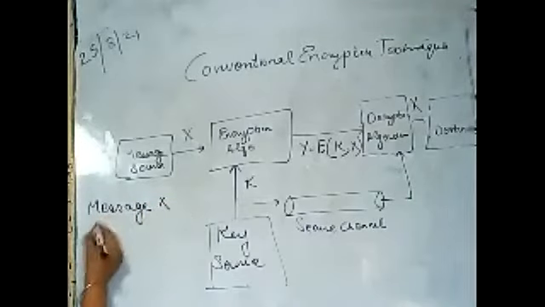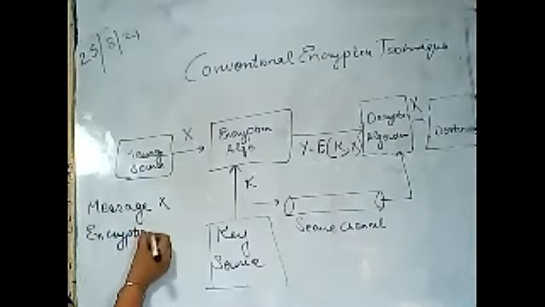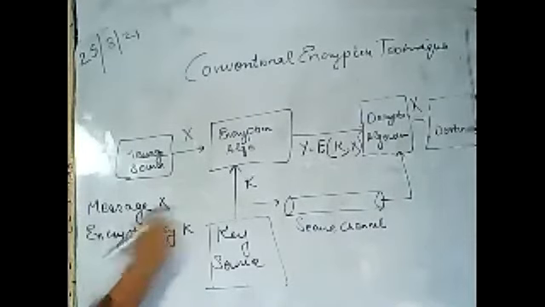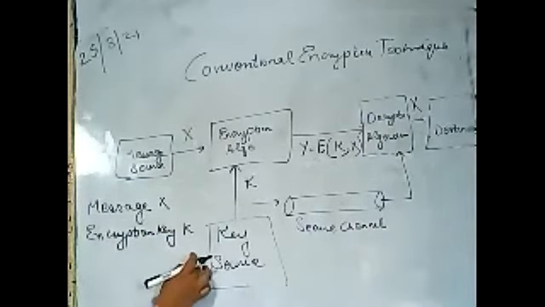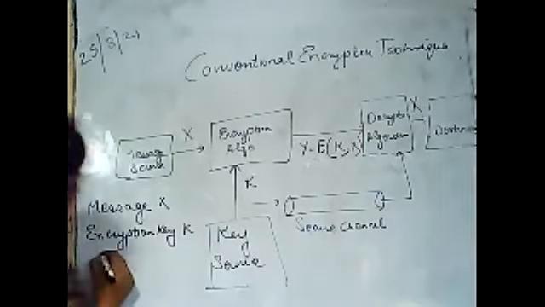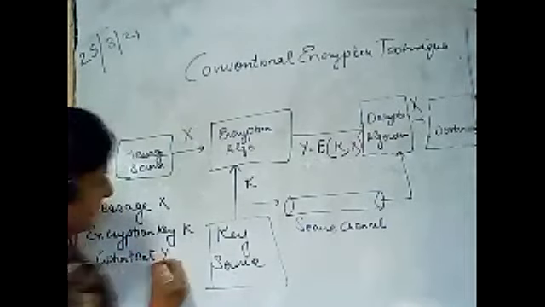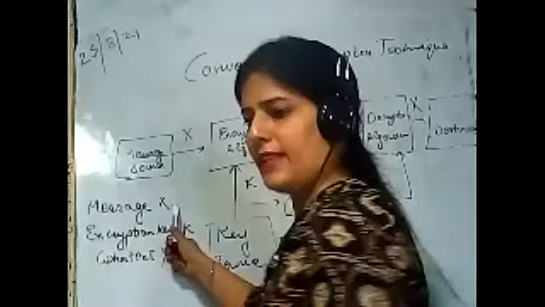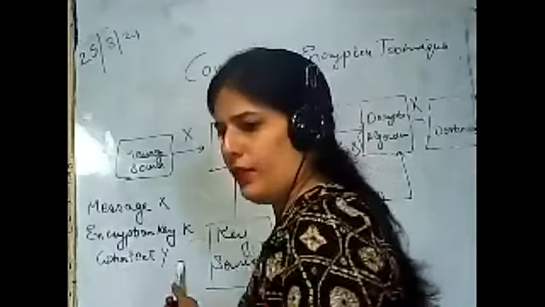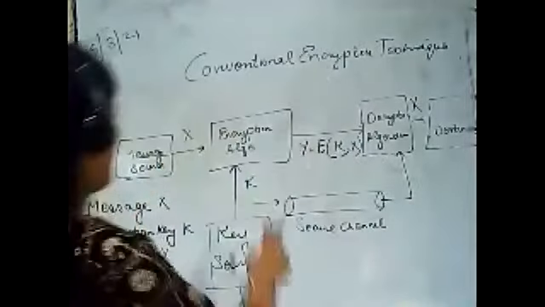Okay. So this is how we can say that with the message x and the encryption key k, the encryption algorithm forms the ciphertext. So with the message x and the encryption key k, it will form the ciphertext as y. Y represents your ciphertext here.